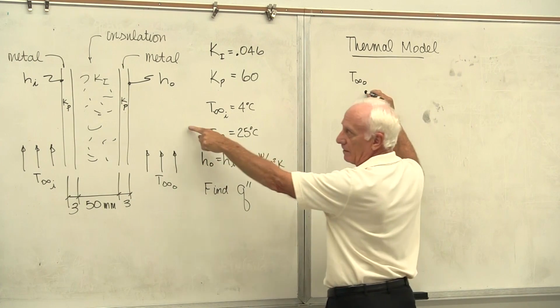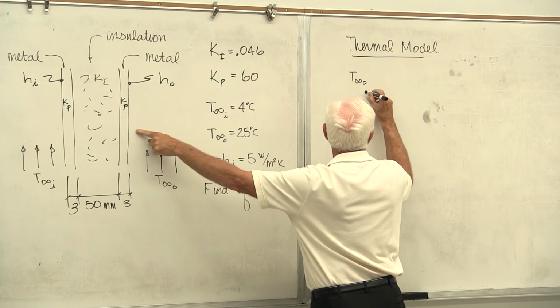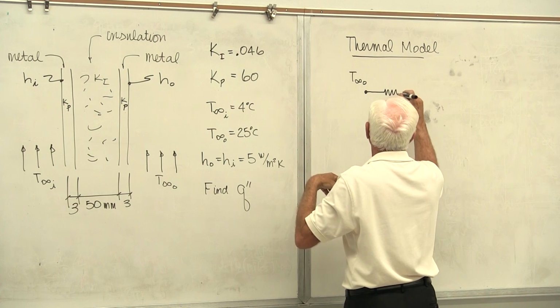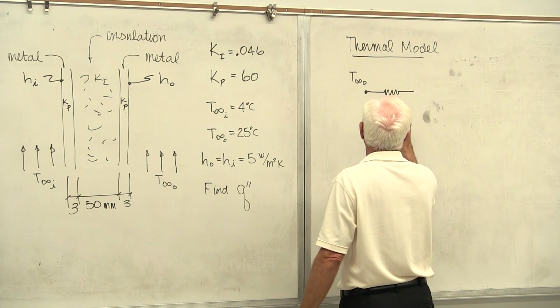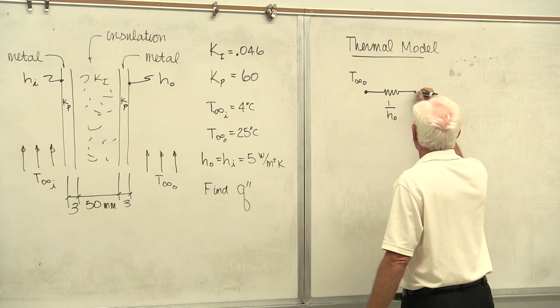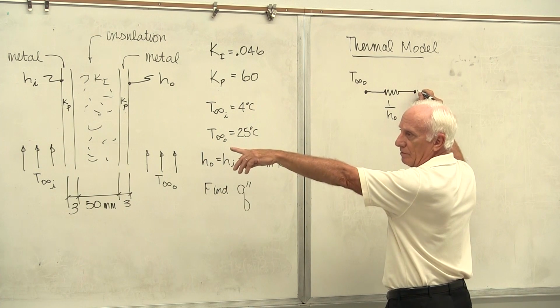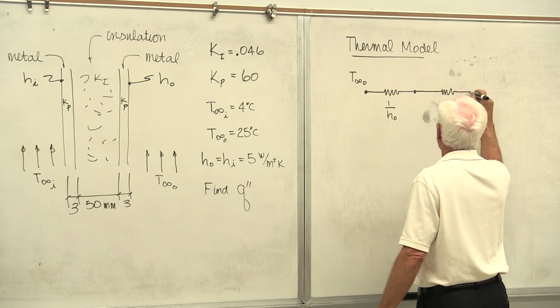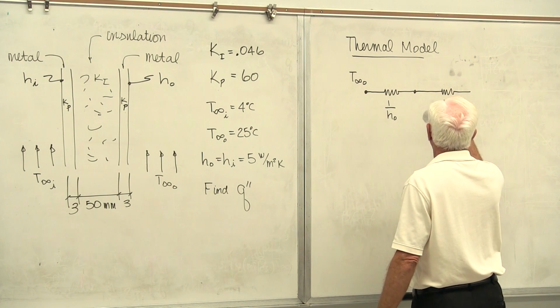Now we go through convection to the walls of the refrigerator, the metal wall outside. That's convection, 1 over H outside. Now we go through the metal panel by conduction. That's L panel over K panel.